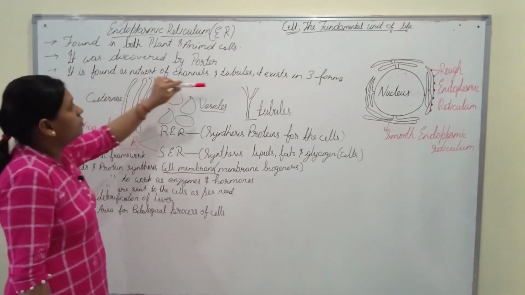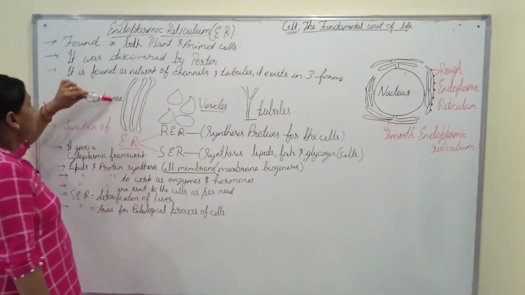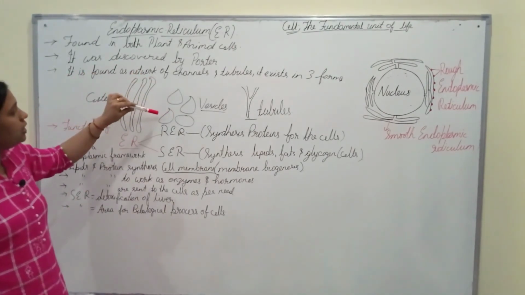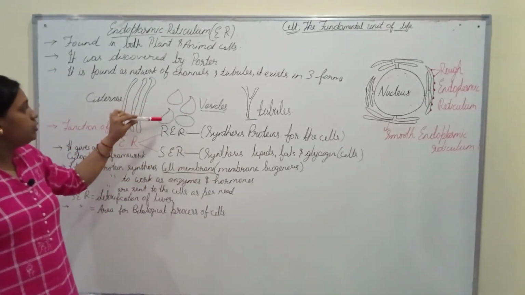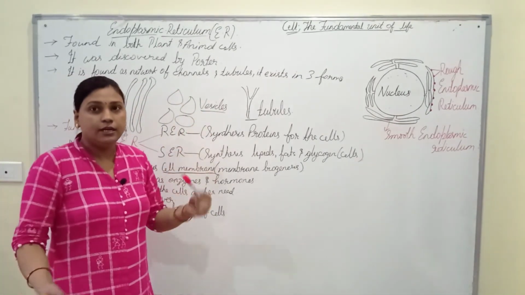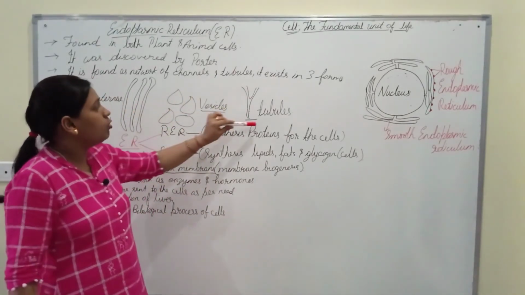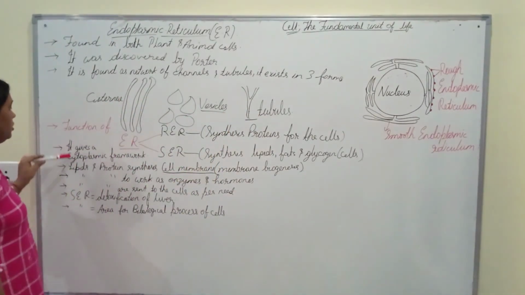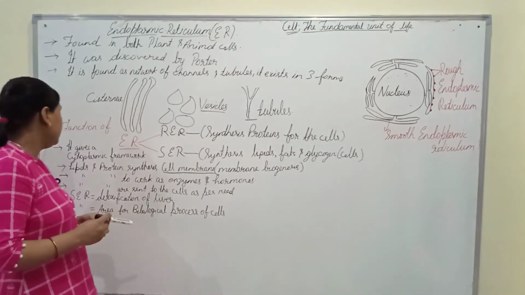It can be found in three forms: cisternae, which are membrane bound sacs; vesicles, the spherical and triangular forms, inside which lipids or proteins are transported to the target parts or cells; and also tubules.